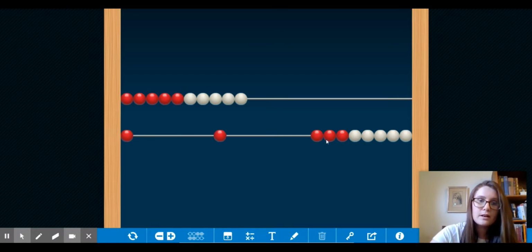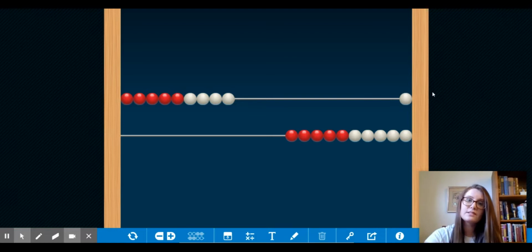So 1, 2, 3. Now, how many penguins are left? I can look right here and I can count the number of beads that are left. I know this is 5, 6, 7, 8, 9. Or maybe you just saw that this was 1 less than 10.